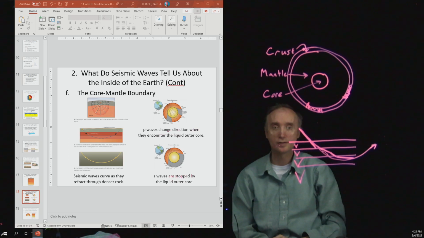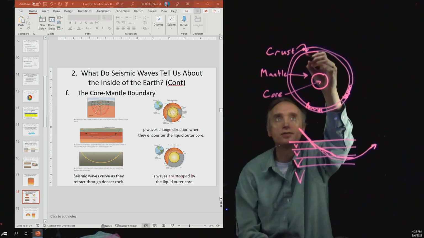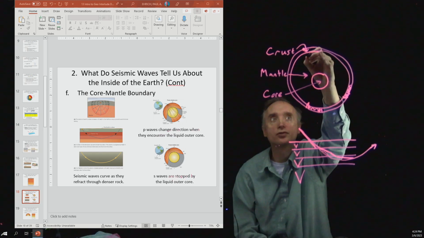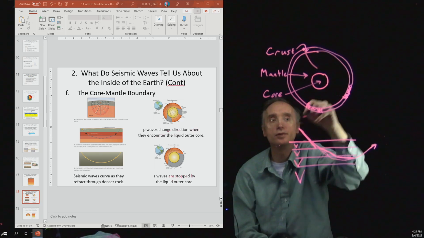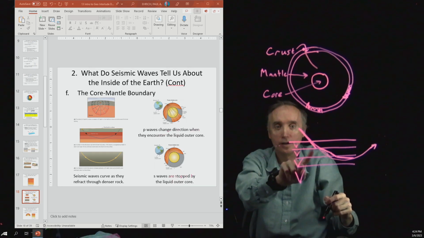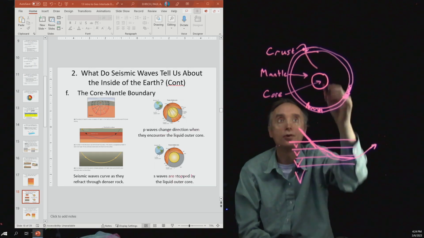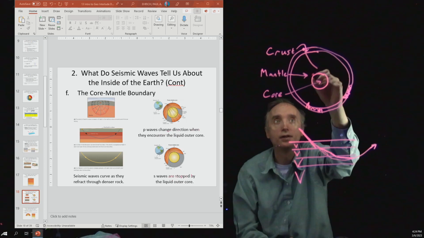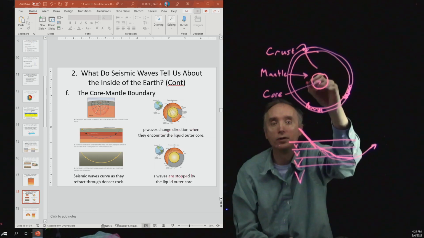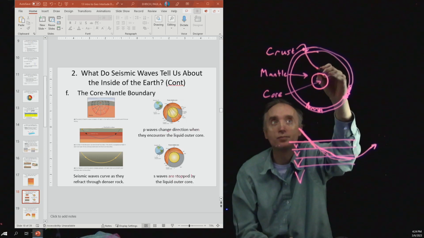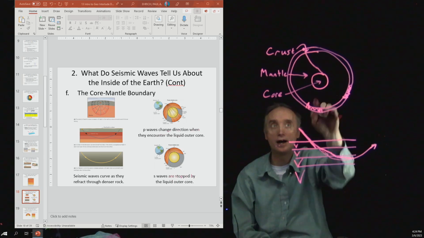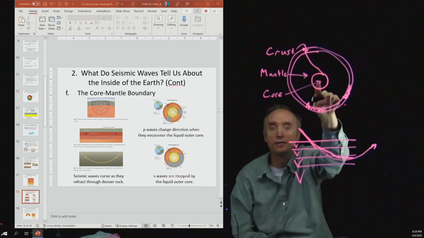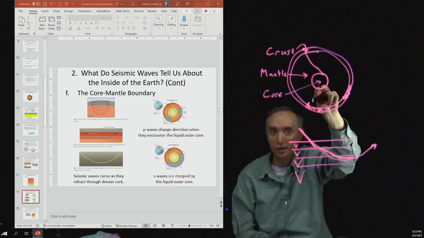So what could be causing that? Well, as these waves are traveling through the Earth, they're going to be curving as a result of this phenomenon right here. And when they encounter the outer core of the Earth, their speed all of a sudden changes. The outer core of the Earth is made of liquid iron and nickel.